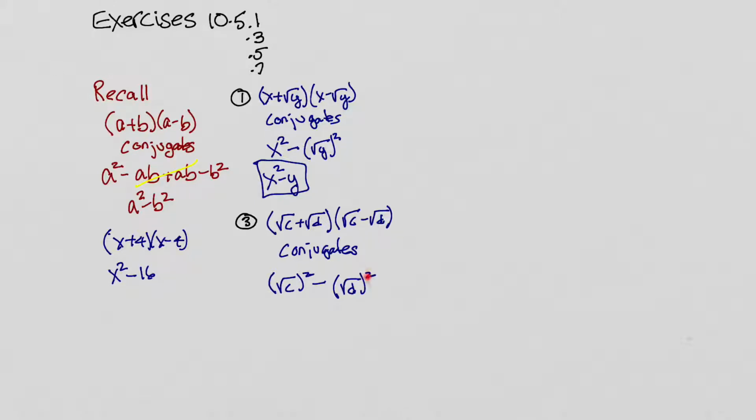Now this is something that you could probably do in your head. When you square a square root, the radical comes off, you get c, there's the minus sign, and when you square the second, the radical comes off, and you get a d.